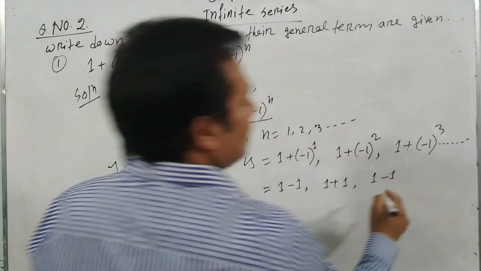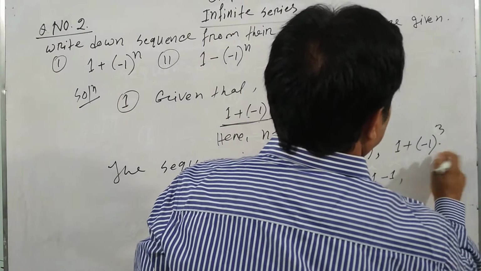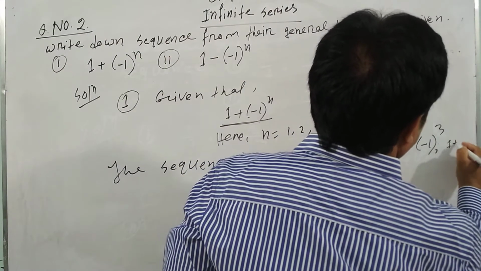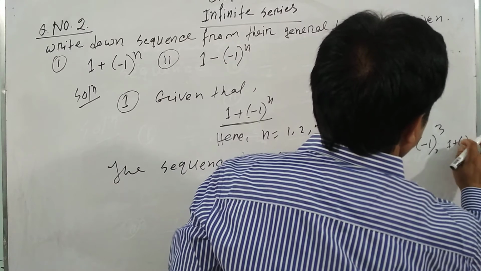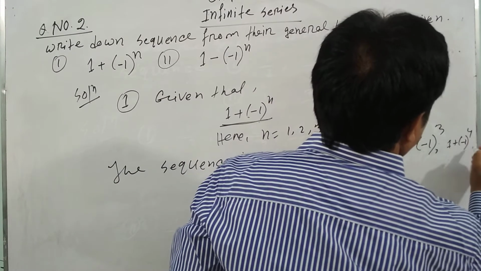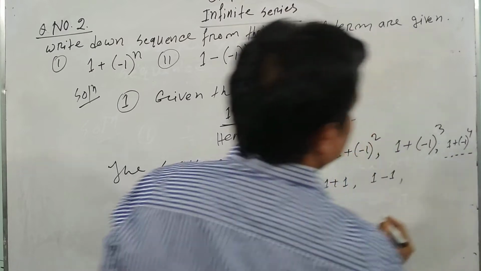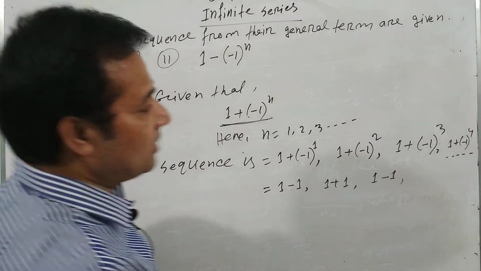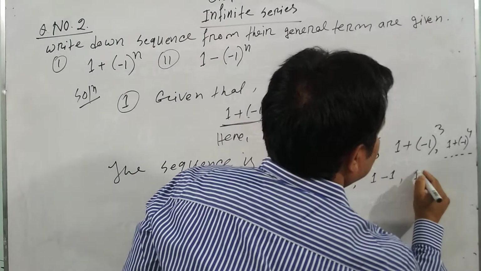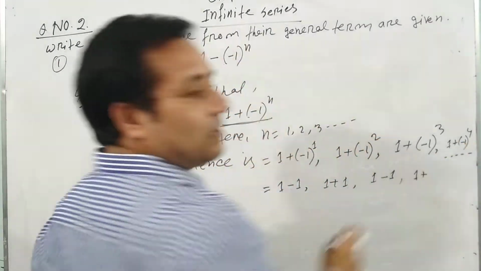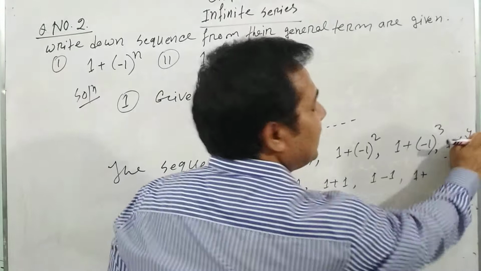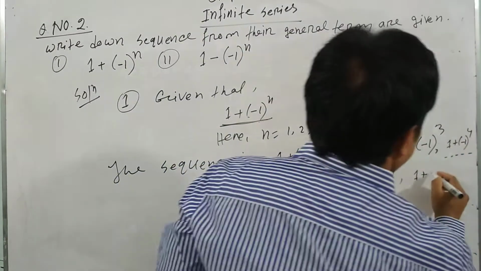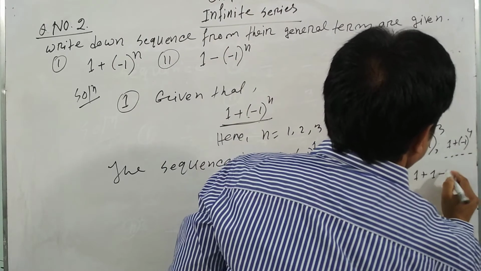Similarly, if we put the value 4, then up to infinity, the power is even, so the sign is positive, 1 plus 1.